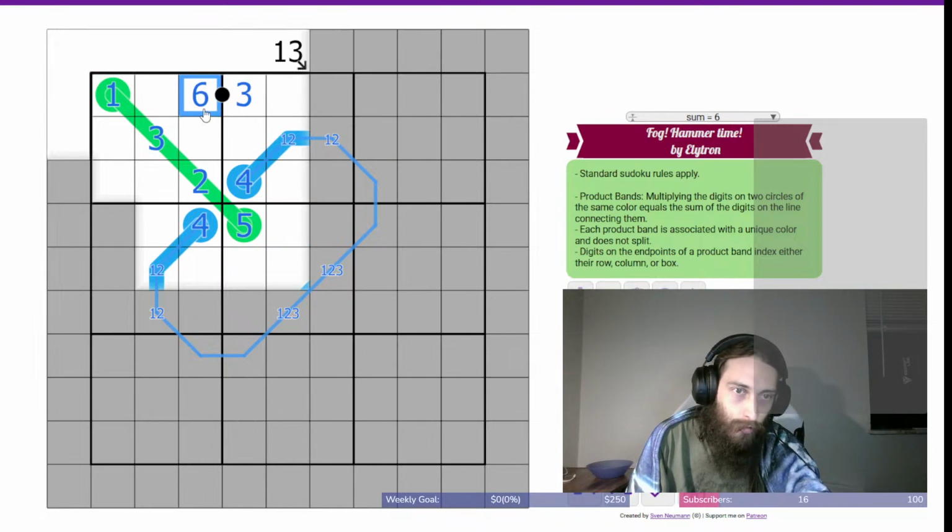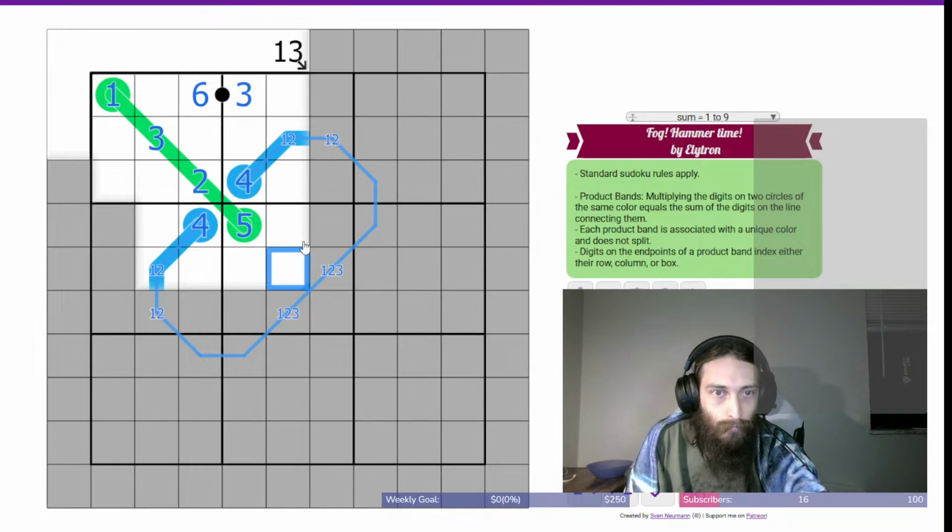Probably would have been simpler to just look at the options here being 6 or 8, which forces 3 or 4, and then a 4 takes out the... Right. It can't be 4, so yeah. 13 along that little killer.